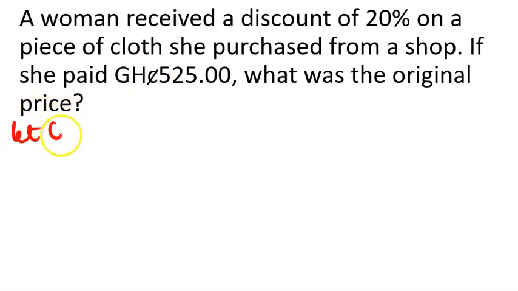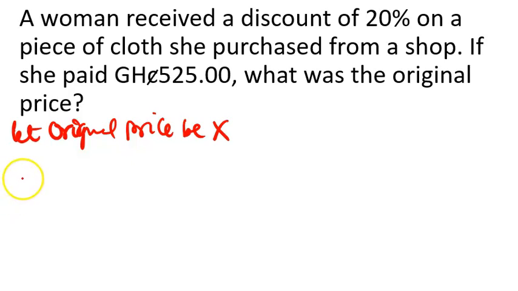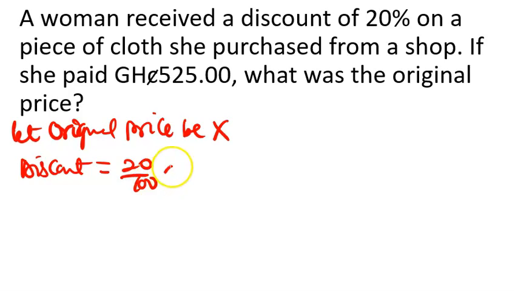Method 1: let the original price be X. If that is the case, the discount will be 20%, so 20 over 100 times the original. When we simplify, we are getting 1 over 5 X. 0 cancels 0.